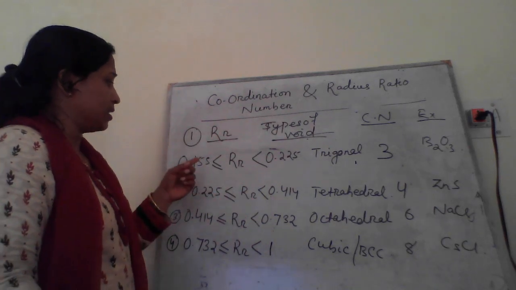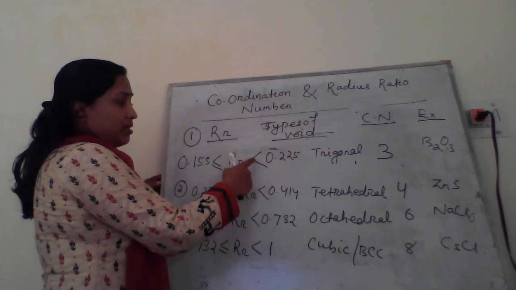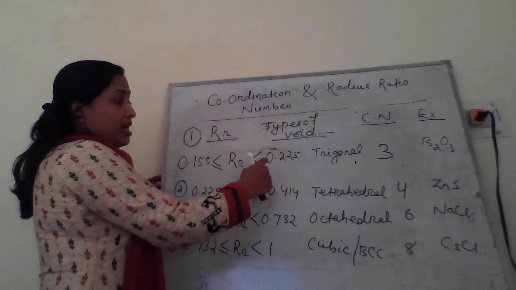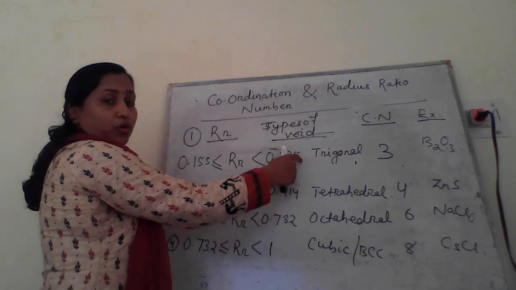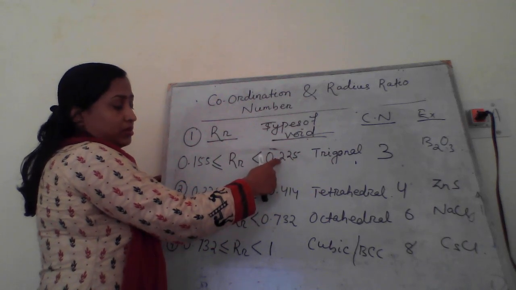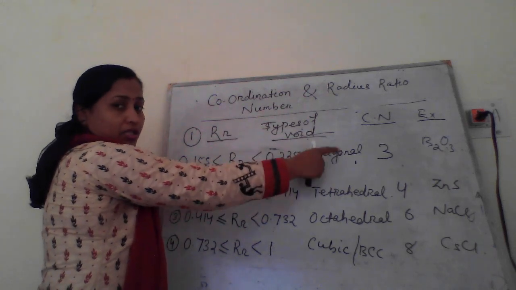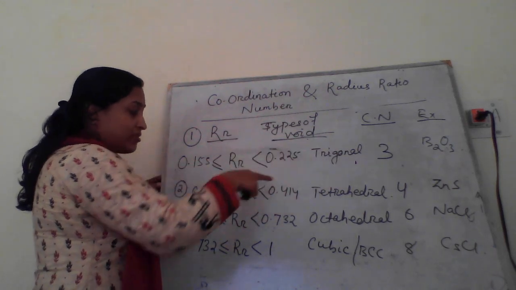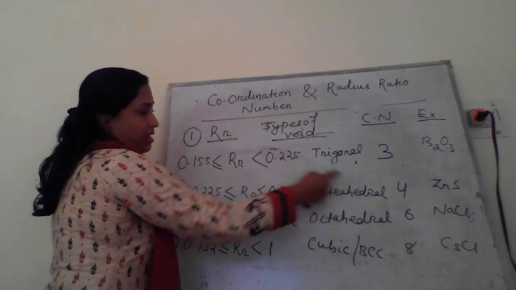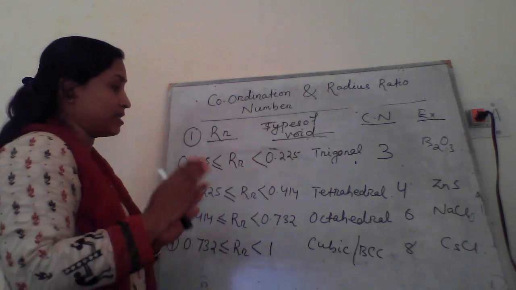So remember, look at this. If the value is 0.224, then the void is trigonal or the shape is trigonal. If this value is 0.225, then this is tetrahedral, because here the less than symbol is placed.